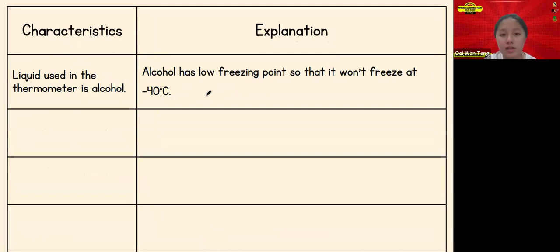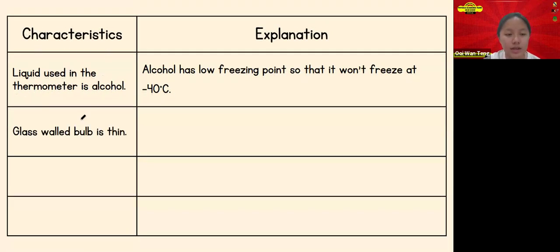So as I have mentioned just now, alcohol has a lower freezing point than the lowest temperature of North Pole, so it won't freeze, and therefore it can still function well in the North Pole. But if you see mercury, it will freeze because its freezing point is higher than the lowest temperature of the North Pole. So it's better to use alcohol.